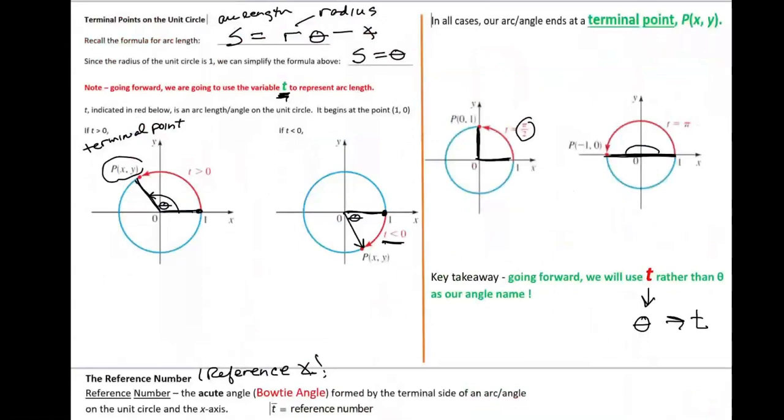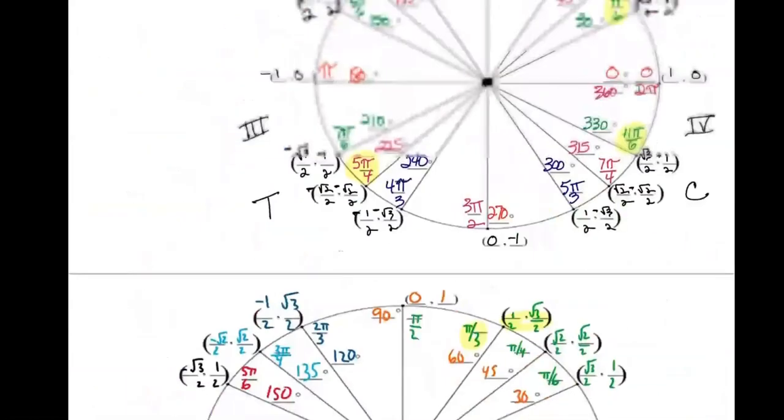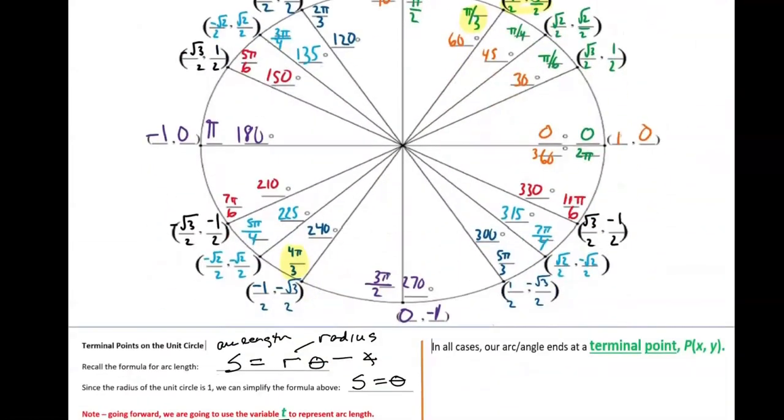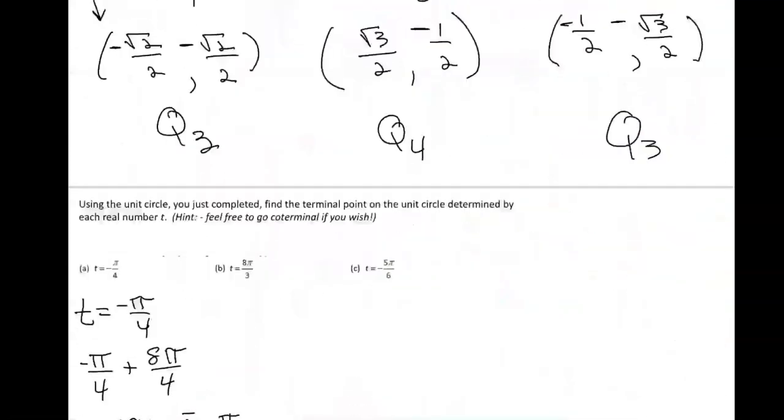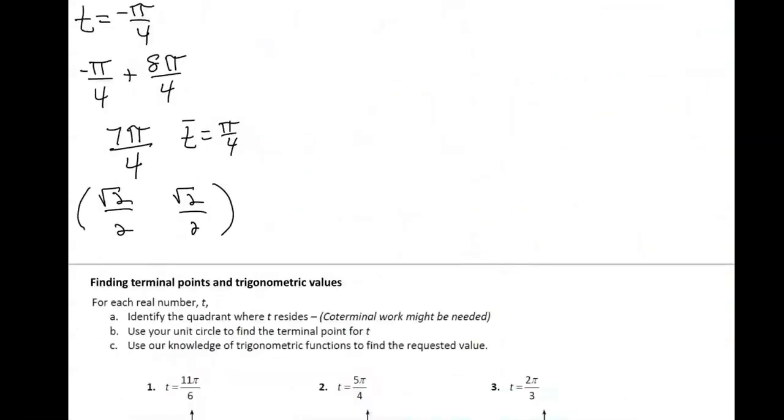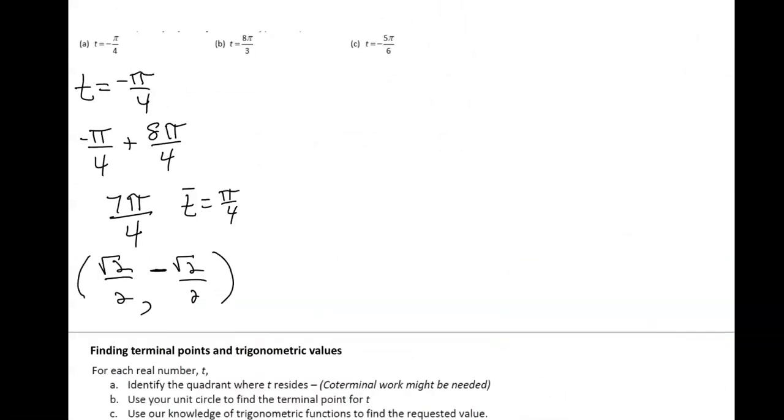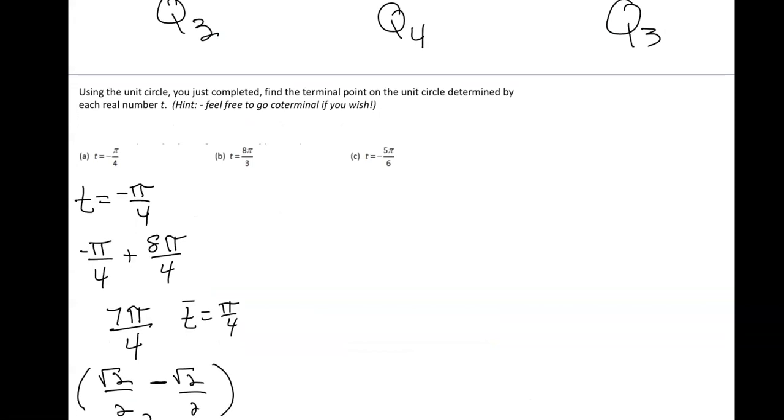Go back to the unit circle, figure out what quadrant you're in. So what quadrant are you in? 7 pi over 4. You are over here. And in that quadrant, my y is negative. So come over here and say, okay, those are my values, but my y is negative, and now I am done.